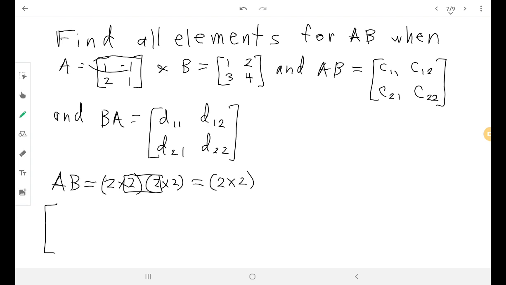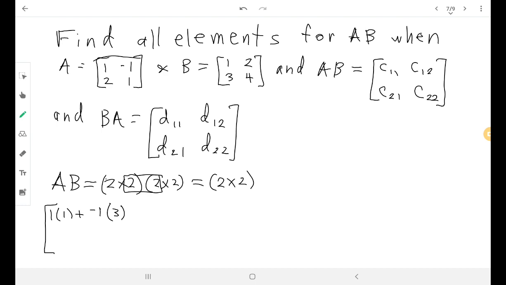That's first row, first column, right? So it'll be 1 times 1, first row, first column elements, plus the second number in the first row, -1, times the second number in the first column, 3. So that's going to be our first one.